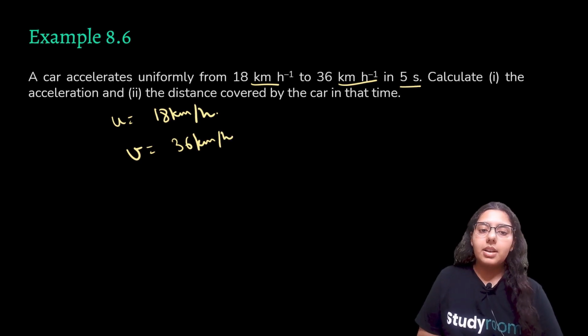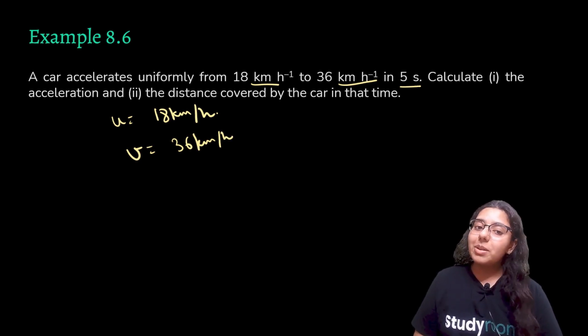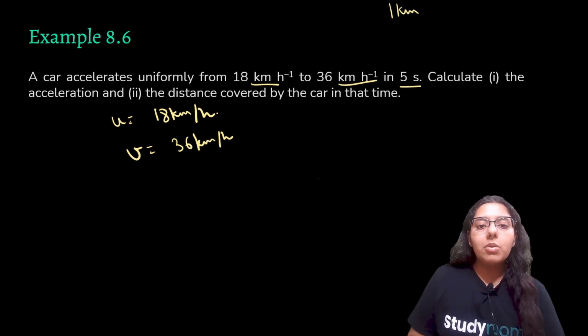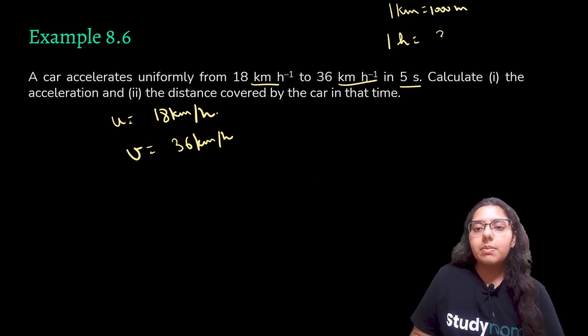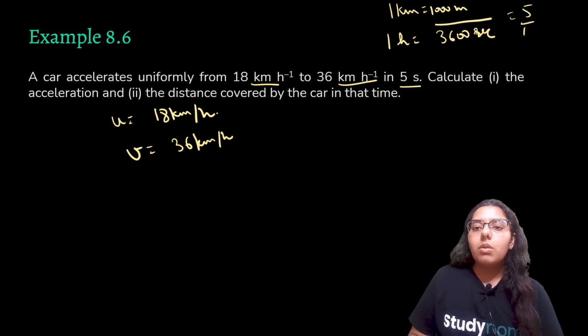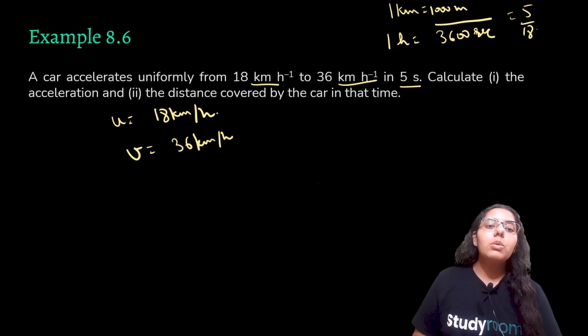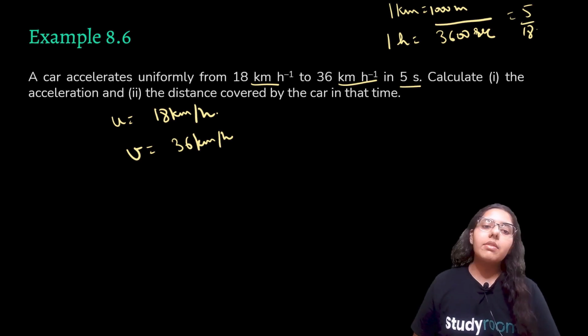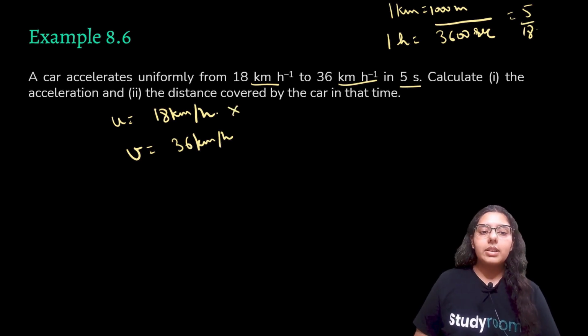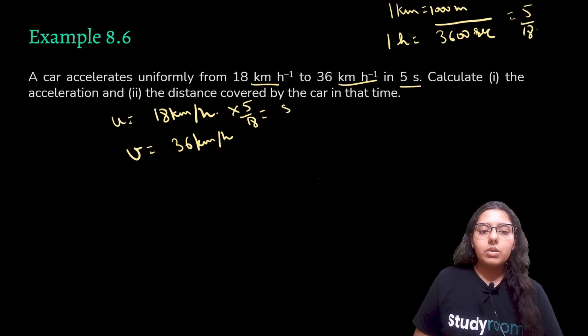Of course, as I have explained earlier also, 1 kilometer is 1000 meters and 1 hour is equal to 3600 seconds, right? So, the factor here is 5 by 18. Whenever we want to convert kilometer per hour into meter per second, we multiply it by 5 by 18. So 18 into 5 by 18 is equal to 5 meter per second.